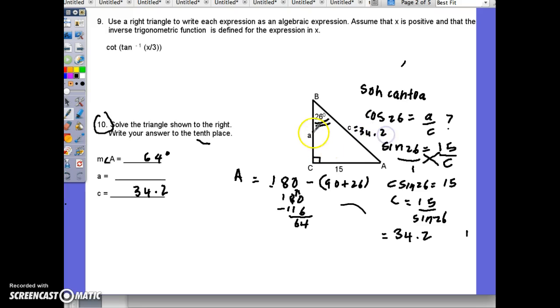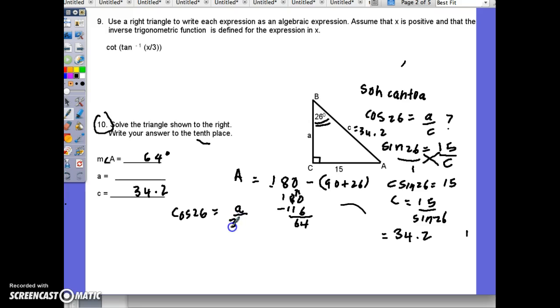And in order to find length A, since you already know this leg and the hypotenuse, you could just use the Pythagorean theorem here, or we could just go ahead and use the cosine ratio. Let's do the cosine ratio for some more practice. Cosine 26 is equal to, as mentioned before, A over C, but we do know the C now.